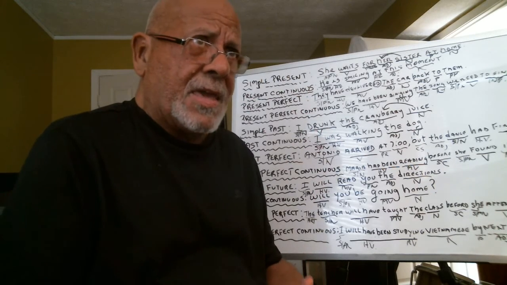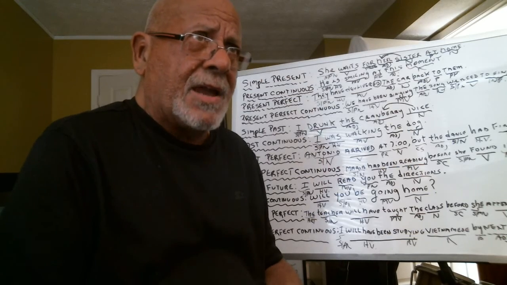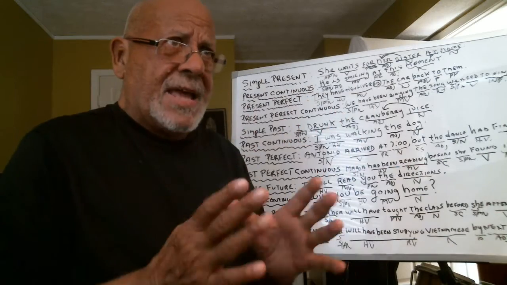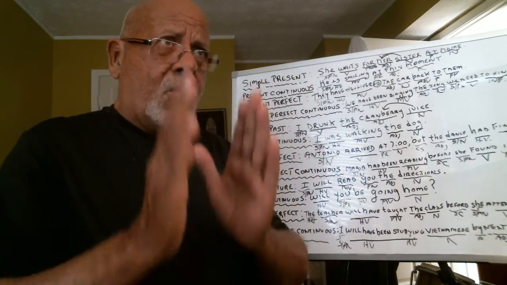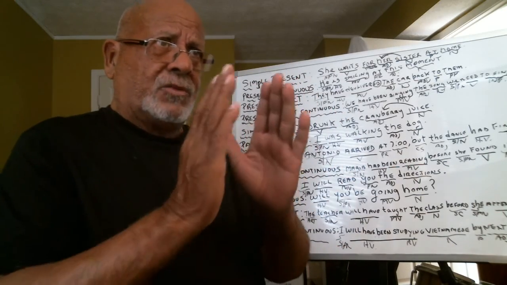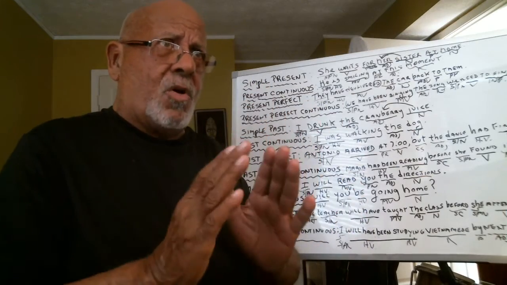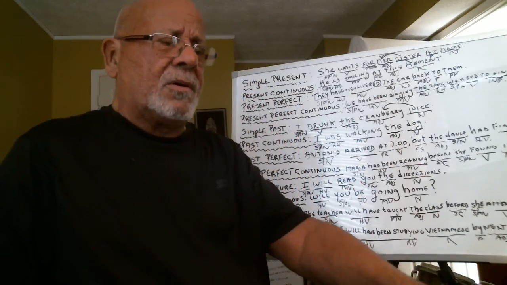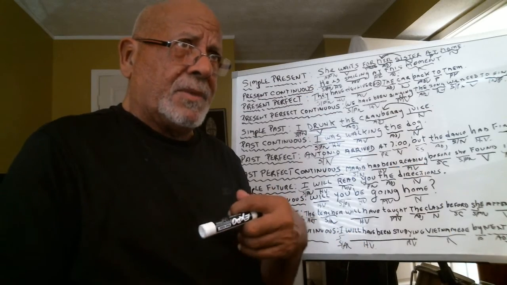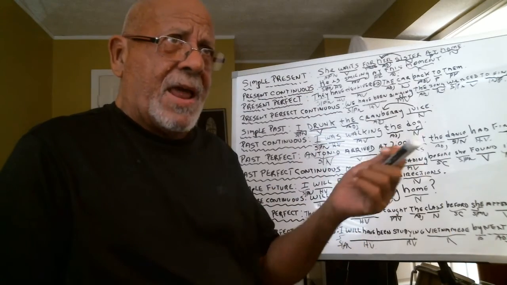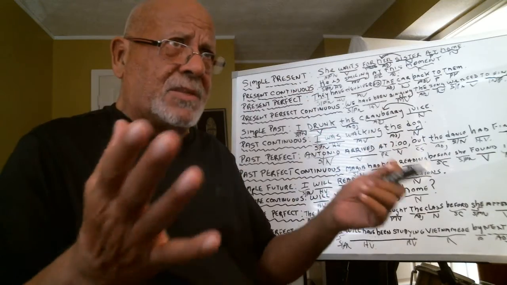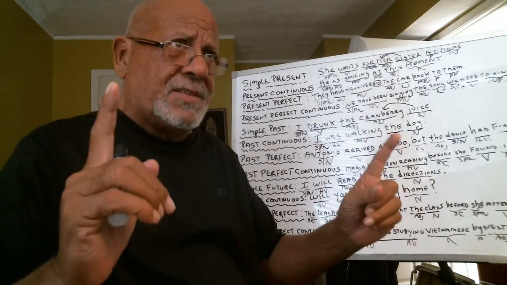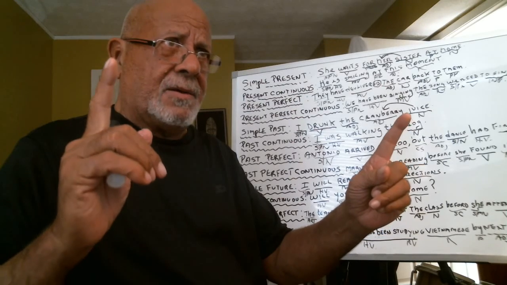The same thing with diagramming sentences or recognizing every word has a purpose. Every word is a part of speech. So we should be what I call diagramming, but diagramming is something different. We should be recognizing every word in the sentence. Okay?